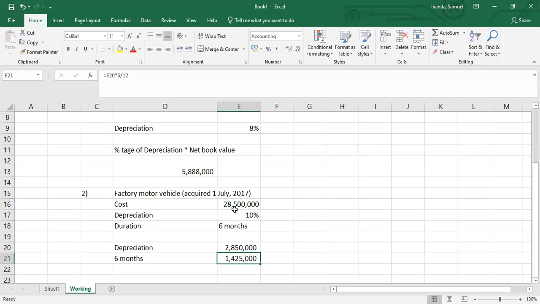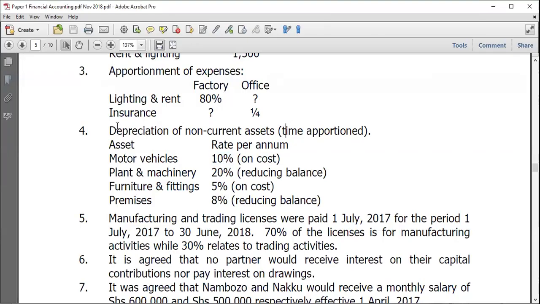Now I want you to look critically here. The reason why I have done all this is because of what the question dictated me to do. When you come down here, it tells me that depreciation of non-current assets is time apportioned. So it means that if I acquired an asset midway through the year, I can't consider the full year's depreciation. You need to understand that.